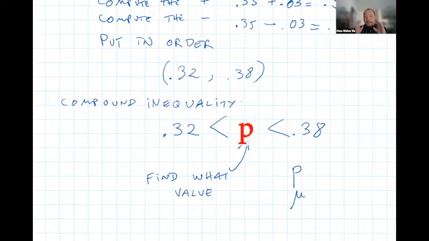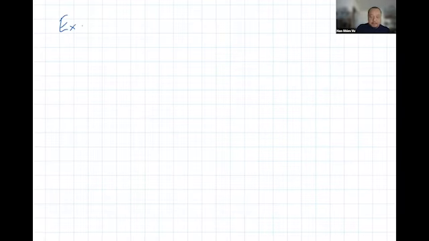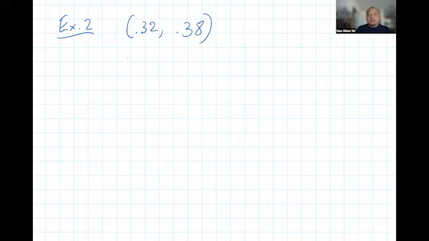So that's how you go from the plus or minus symbol to the other two. Now I'm going to show you how to go from this kind of notation, either compound inequality or interval notation, and convert it into a plus or minus kind of notation. If we're given the interval first, can we convert it to the form of a point estimate plus or minus margin of error?